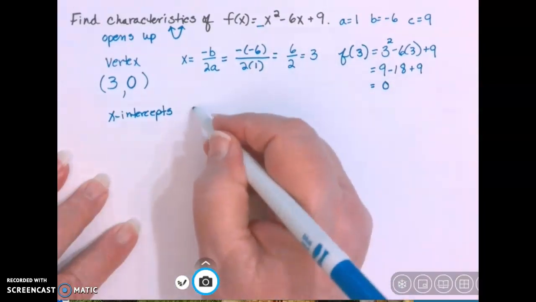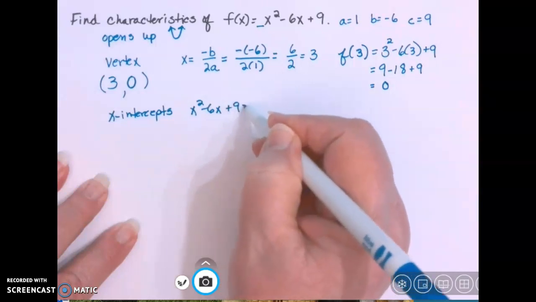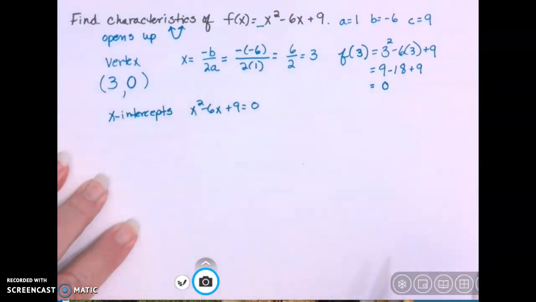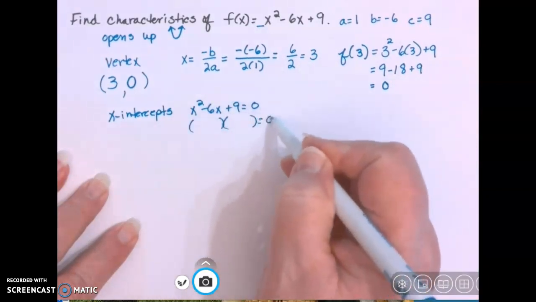That is x squared minus 6x plus 9 equals 0, because an x-intercept will have a y-coordinate of 0. First thing we want to try to do is factor that. So will this factor? Well, let's see. I'm going to try that first.